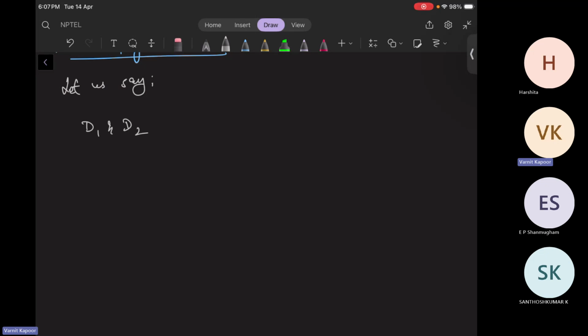These are the rotor or impeller diameters at inlet and outlet. D1 is also called the hub diameter or rotor diameter, and D2 is also called the tip diameter. That is why you have U1 and U2 velocities.